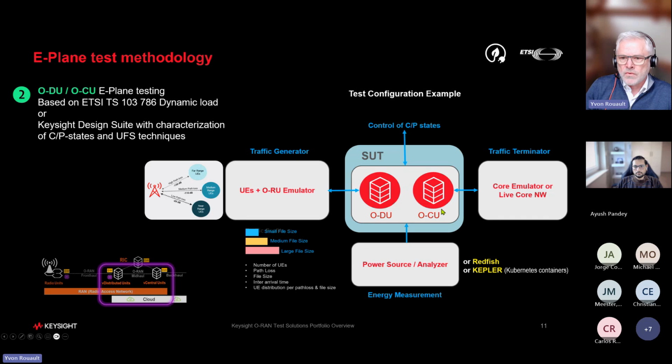At the same time, we measure the energy consumed by these DU and CU. We can do that just by using the default setup, or to make the game even more complicated and the optimization of the energy even more sophisticated, you can also play with the C states and the P states of the CPUs running the DU and the CU.